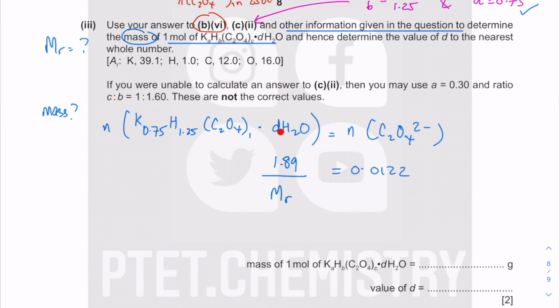I don't know D yet, but I can work out the molecular mass because I know how much mass of this, and I just want the molecular mass. 1 mole of this give you 1 mole of this. That's why I have mole of this equal to mole of that. So MR equal to 1.89 divided by that answer which I obtained from B part 4. I get 154.918.